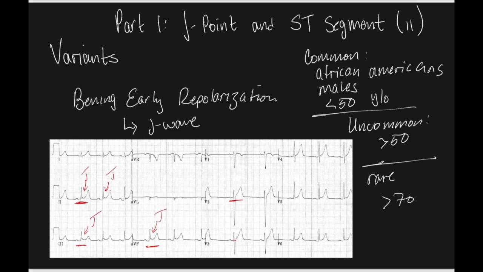V2, V3, we don't really see a J wave, but the presence of the J wave in the inferior leads, and if I told you that this was a 16-year-old male, we would all be pretty convinced that this was benign early repol. Now the story might change if I told you this was an 80-year-old female. Well, then we might need to investigate a little further. And that's because we're comfortable now with when benign early repol can pop up.